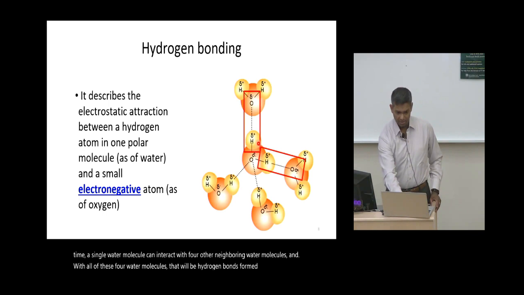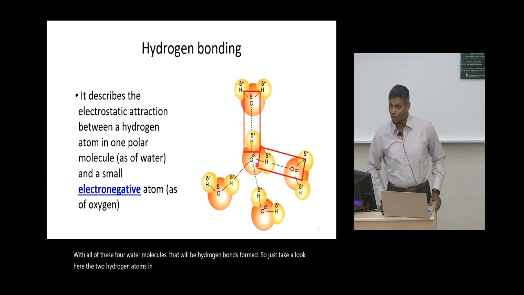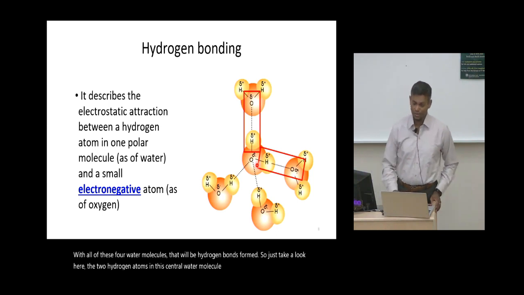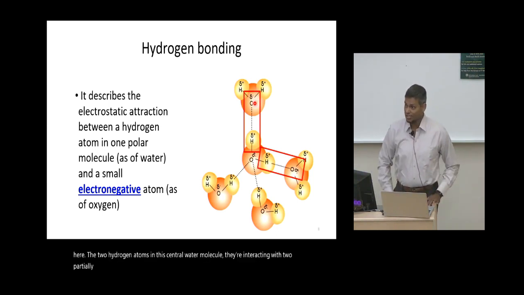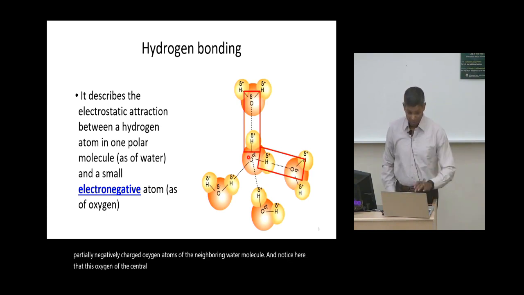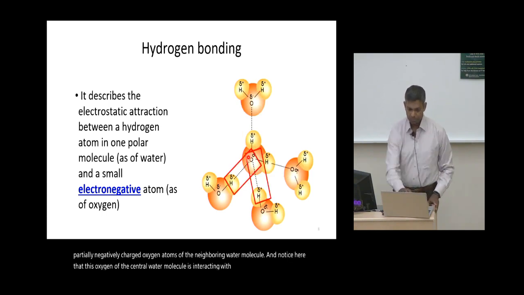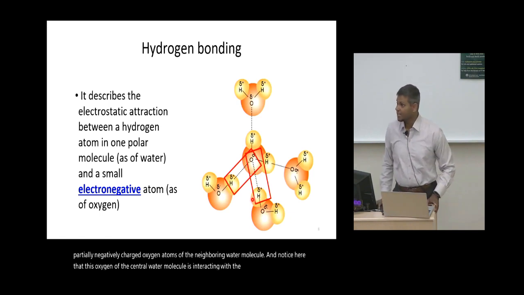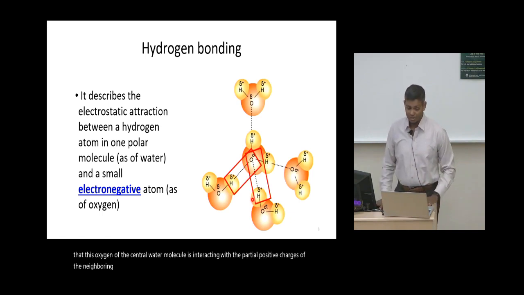So just take a look here. The 2 hydrogen atoms in this central water molecule are interacting with 2 partially negatively charged oxygen atoms of the neighboring water molecules. And notice here that the oxygen of the central water molecule is interacting with the partial positive charges of the neighboring hydrogen atoms.